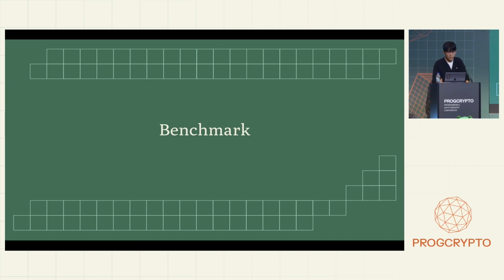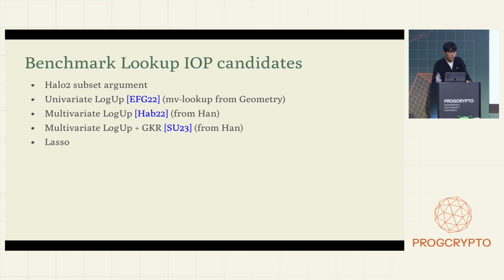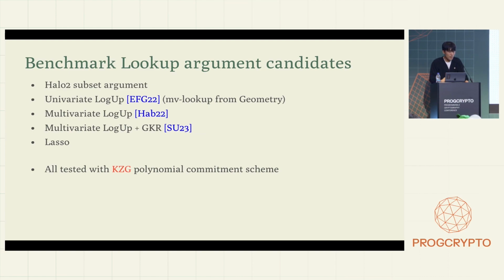Now I'm going to share the benchmark results. These are the candidates for benchmarking lookup IOPs. These five are: the first is the Halo 2 lookup argument, the second is the univariate lookup, which was derived from the Geometry team, called MV lookup, the third is the multivariate lookup, and the fourth and fifth are Lookup plus GKR and Lasso. These were all tested with the KZG polynomial commitment scheme in order to check the exact performance of the lookup argument.